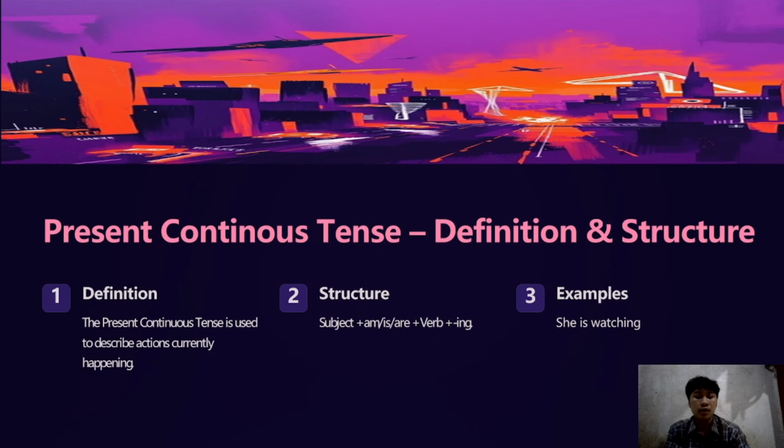And lastly, we have the present continuous tense. This tense is all about actions happening right now or ongoing actions in the present. If you are describing something that's happening at the moment, the present continuous is your go-to tense.